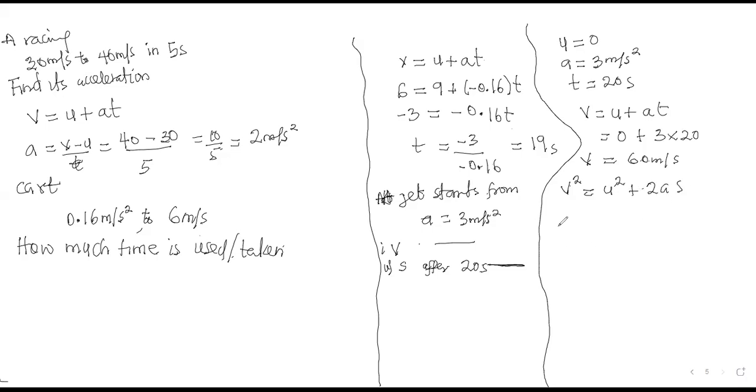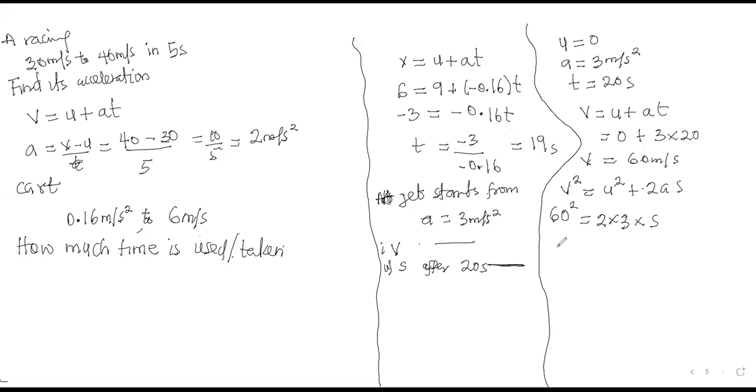Final velocity is 60, so 60 squared equals initial velocity 0 plus 2 times acceleration 3 times s.